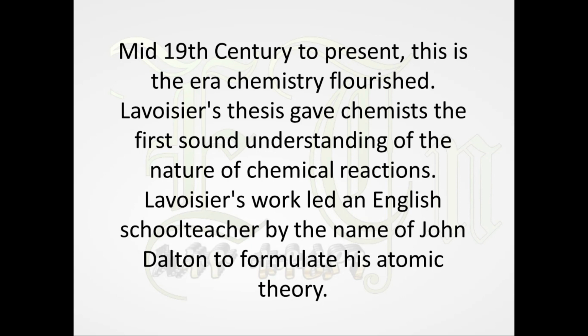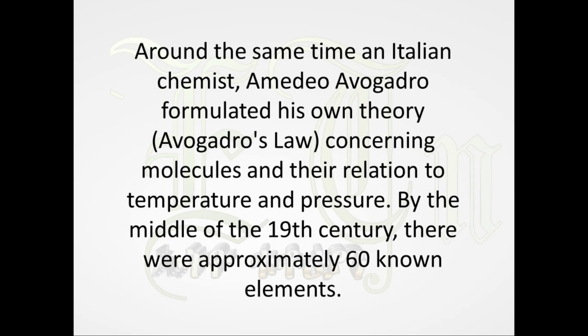Lavoisier's thesis gave chemists the first sound understanding of the nature of chemical reactions. Lavoisier's work led an English school teacher by the name of John Dalton to formulate his atomic theory. Around the same time, an Italian chemist, Amedeo Avogadro, formulated his own theory, Avogadro's law concerning molecules and their relation to temperature and pressure.